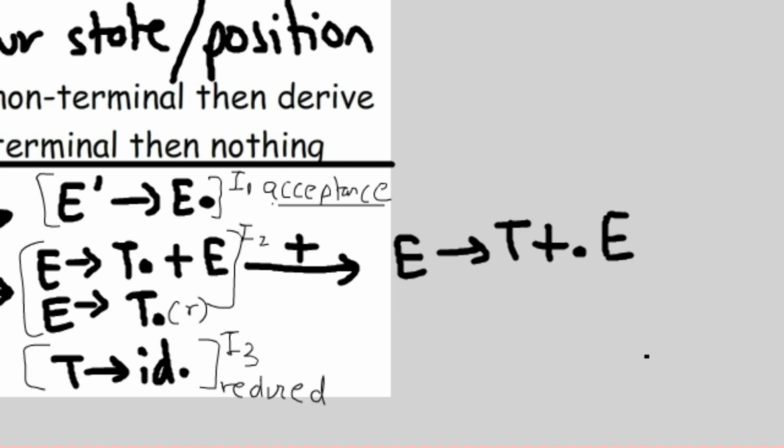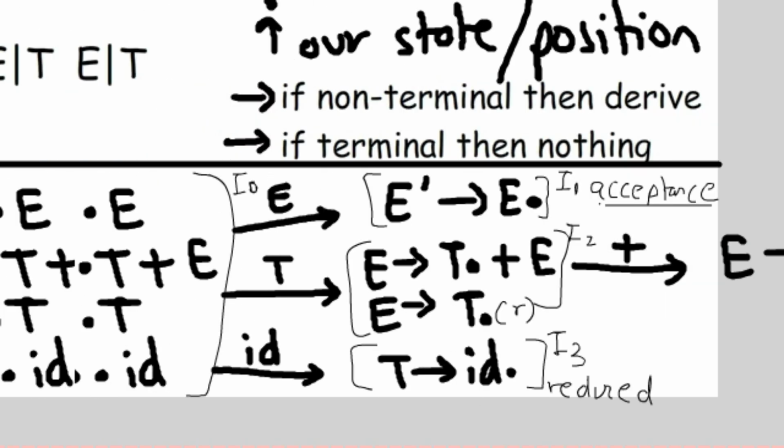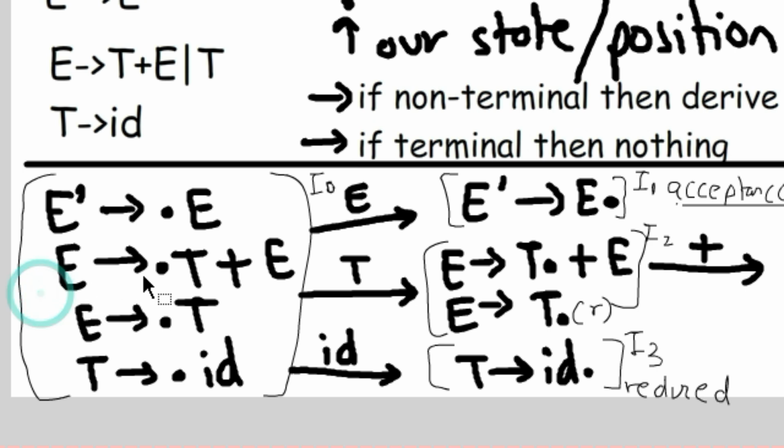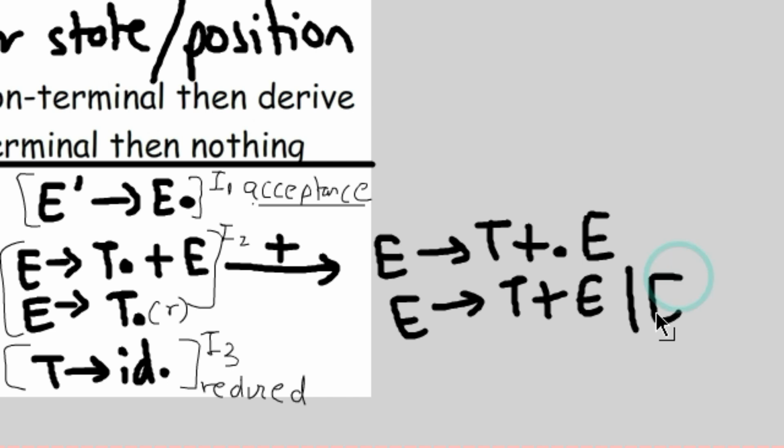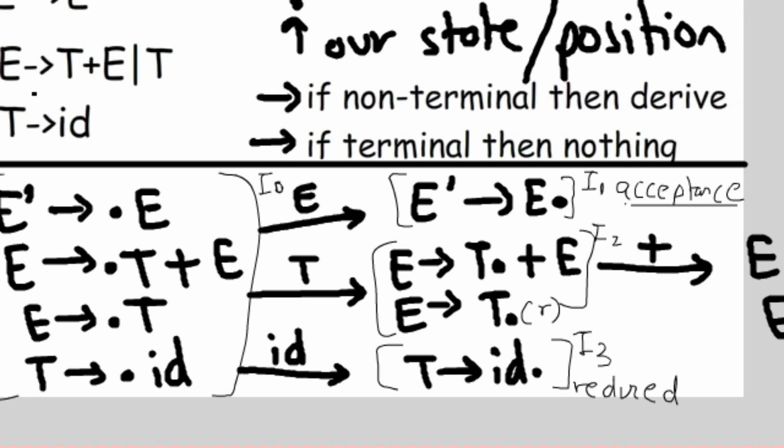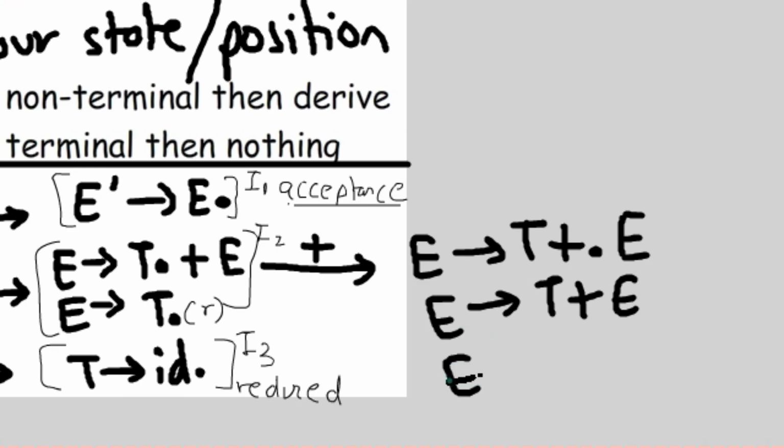We have to derive E. So E tends to T plus E or T. You don't have to write the or. You have to write it separately. So you write T plus E separately and T separately.